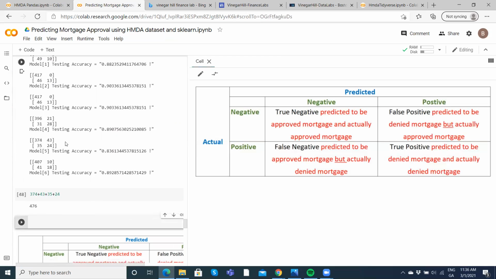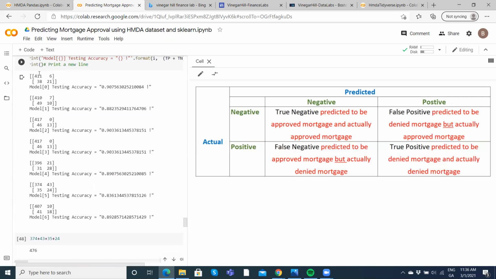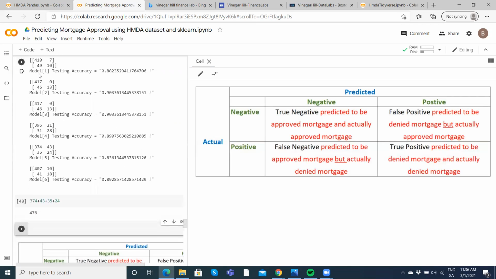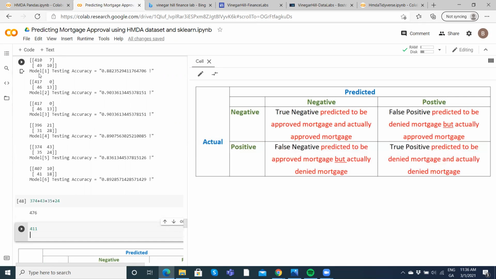Just to see that for a moment, we can come down below here and say, look, take the 411 plus 21, that's equal to 432.